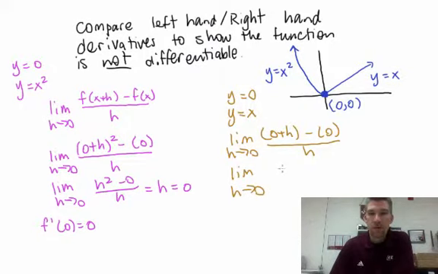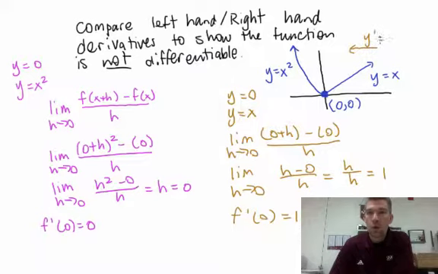Which is going to give us on the top h minus 0 over h, which is equal to h over h, which reduces all the way down to 1. So this guy, the derivative at 0, equals 1. So coming from this direction, y prime equals 1 at 0.